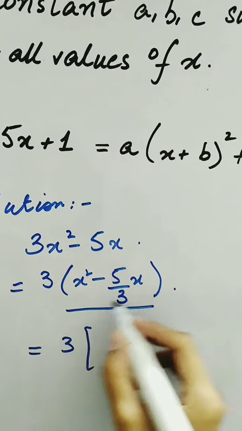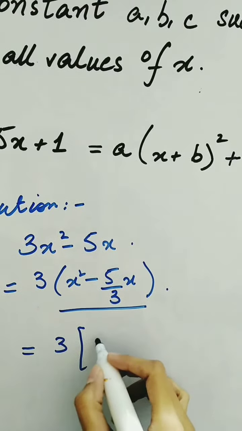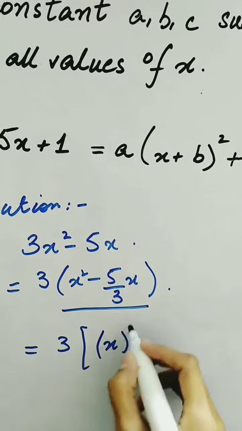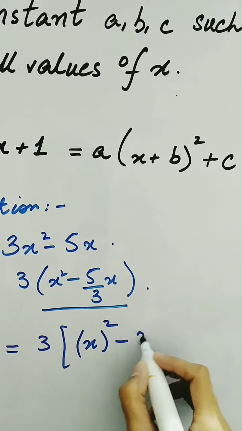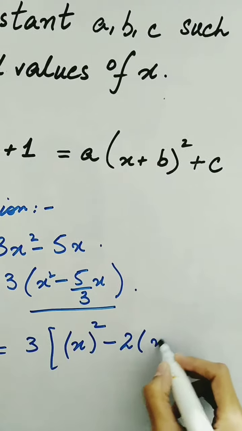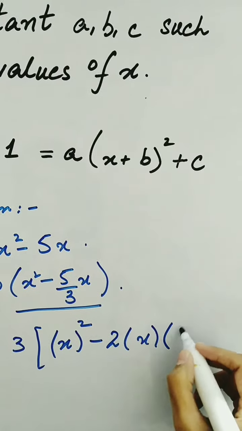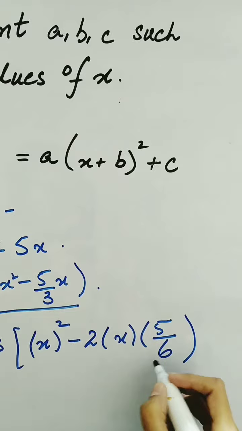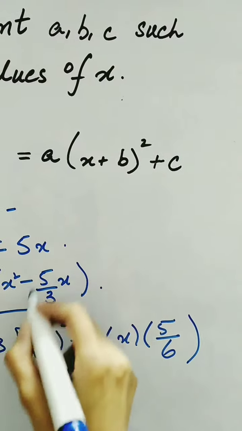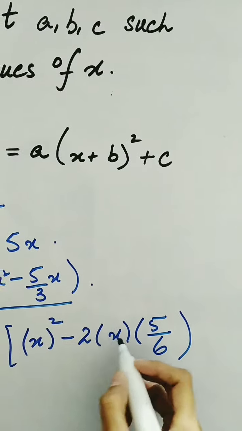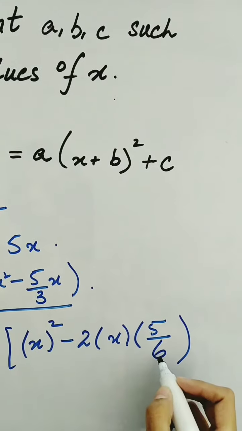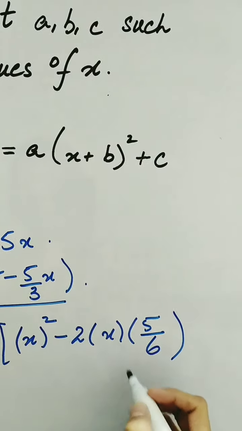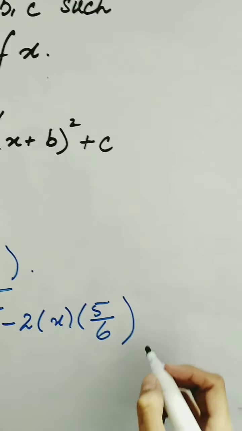So first we convert this expression into the expanded formula form. Here a is x, and from the formula 2ab, b is 5 over 6, because in order to get 5 over 3 x we need to multiply these two terms with 5 over 6. So 2 and 6 cancel out and we will have 5 over 3 x.